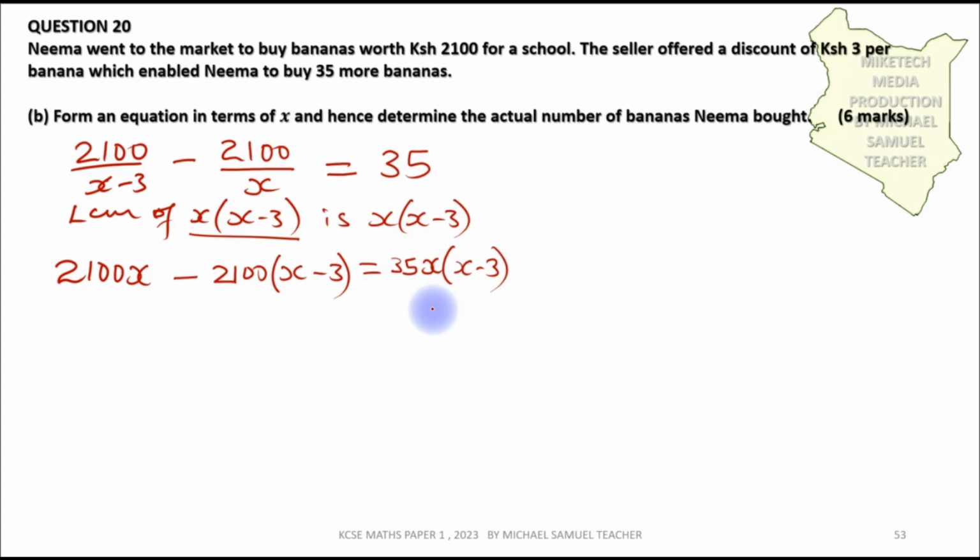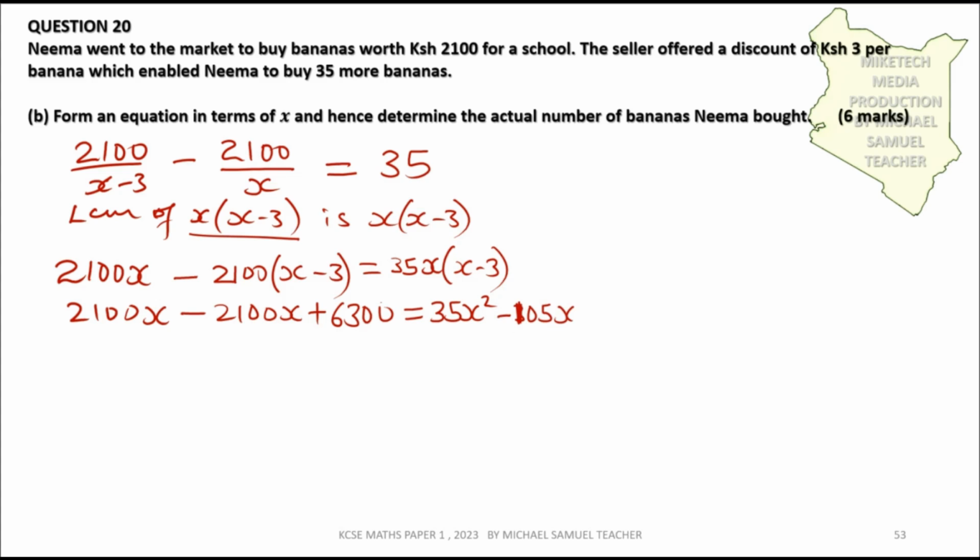So you just open the bracket, so this will be 2100x minus, open the bracket, 2100x, negative times negative, plus 6300 will be equal to, open the bracket, 35x squared minus 35x times minus 3, that is 105x.